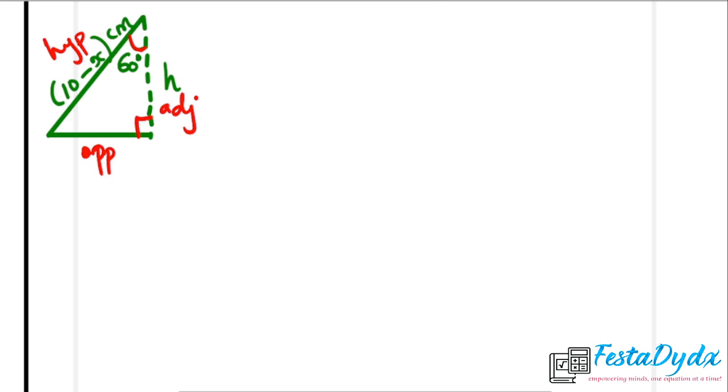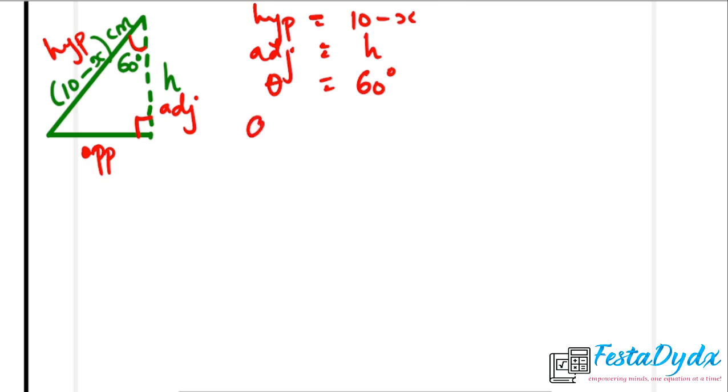So we're going to be applying the trigonometric ratio to solve this question. So our hypotenuse is given as 10 minus x. We have adjacent, which is the height we are looking for, and the angle, let's call it theta, is 60 degrees. So at this point, we're going to be using the cosine formula, which says that cos theta is equal to adjacent over hypotenuse.